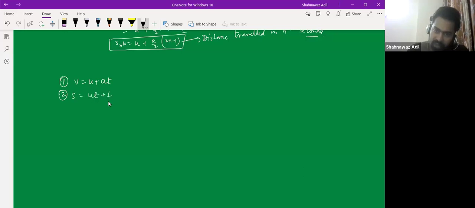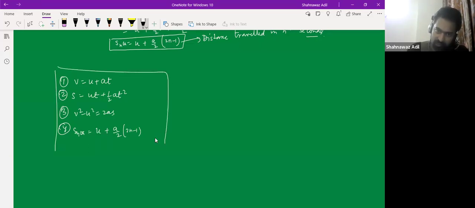Whenever acceleration is constant, we have these equations. And then we have the last one, which we derived in the last class. So these were the four equations, right?